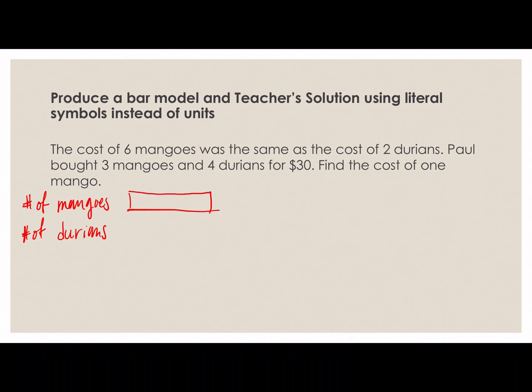If there's 6 mangoes to every 2 durians, that's the same as 6 mangoes to 2 durians.